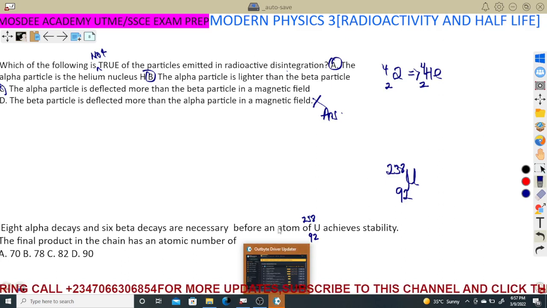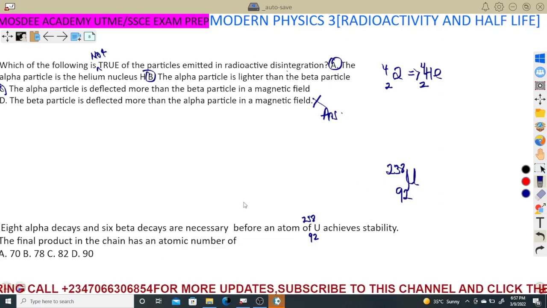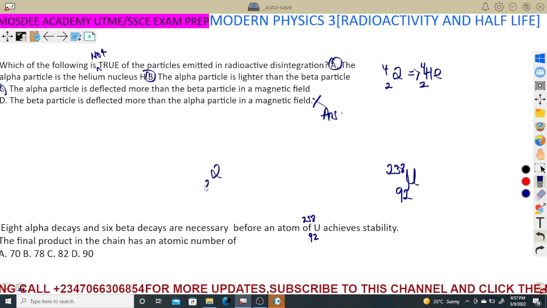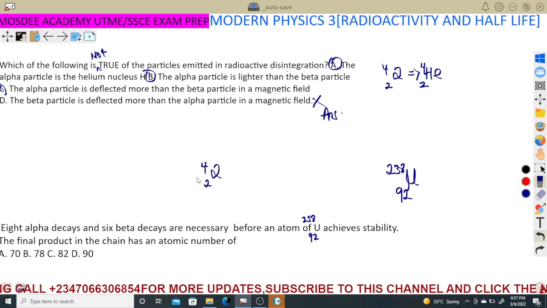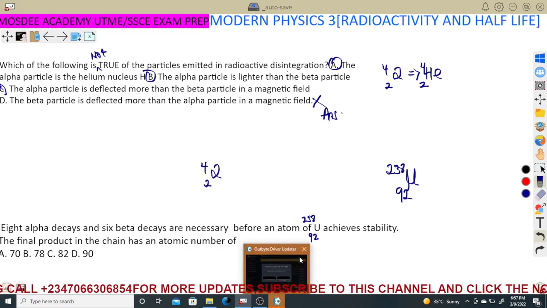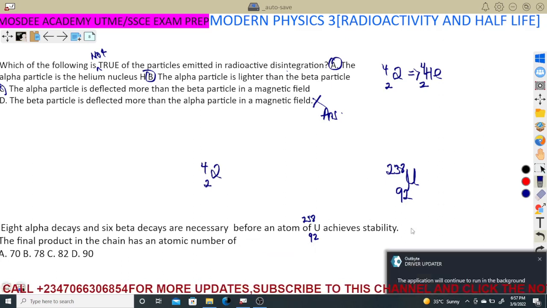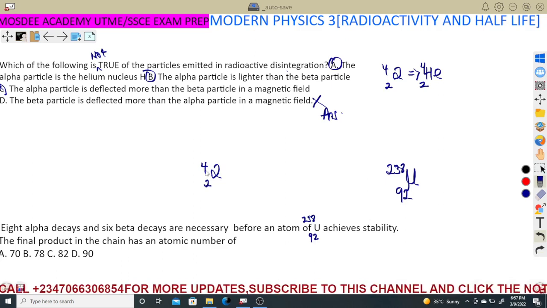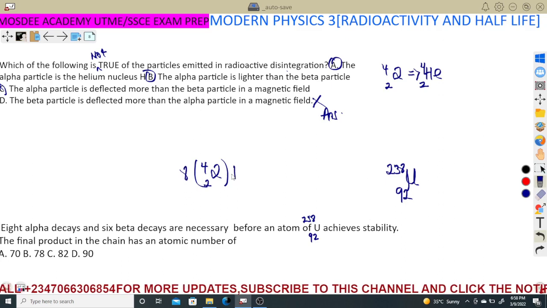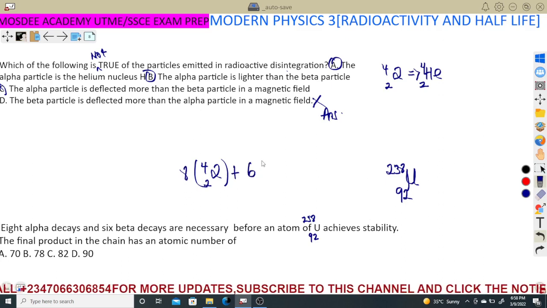So now, the next thing is there are 8 alpha particles. Alpha particle is written as 2 and 4. If there are 8 of these, I hope you know what it means. There are 8 of these, and there are 6 beta particles.